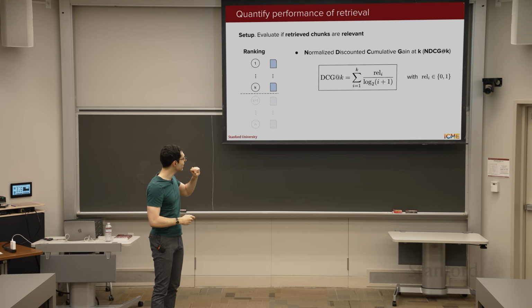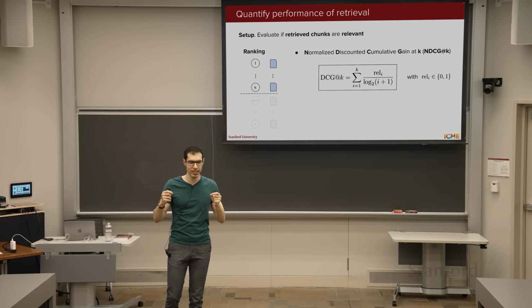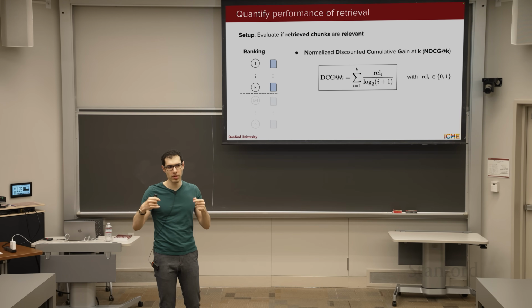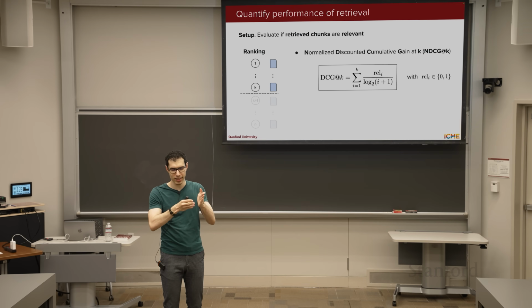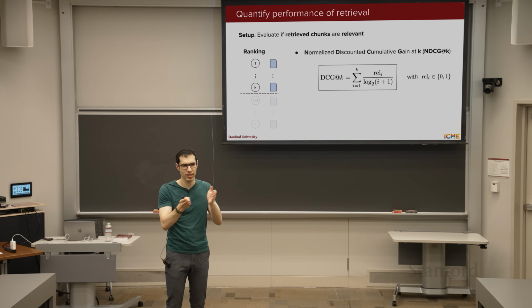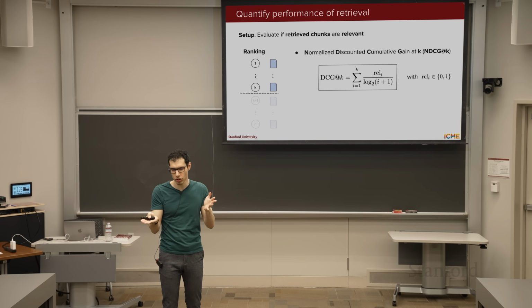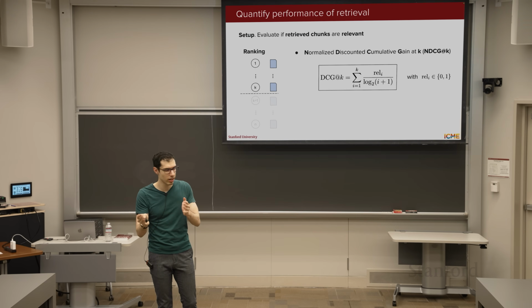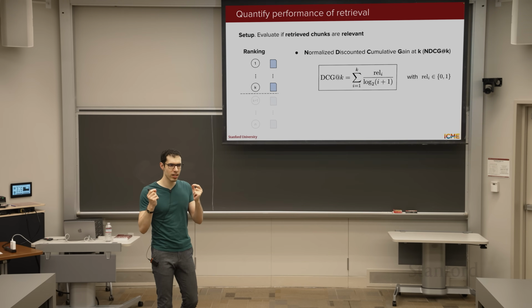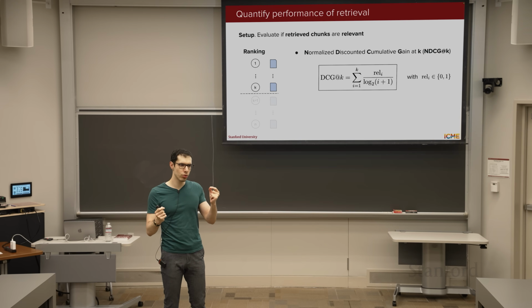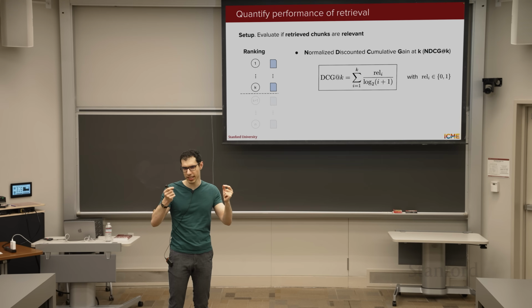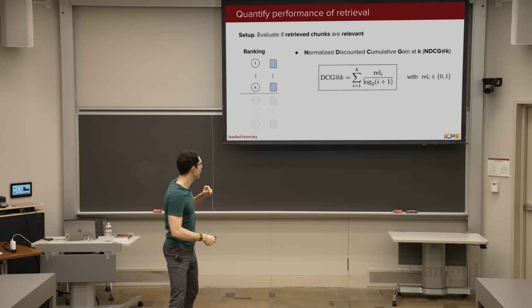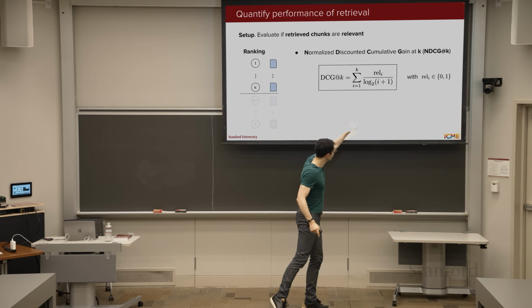This part is the discounted cumulative gain. It's cumulative because you're looking at whether you had relevant documents in your first k positions. It's discounted because it's better for you to have a relevant document in position 1, let's say, than position k. And you can see that in the denominator.